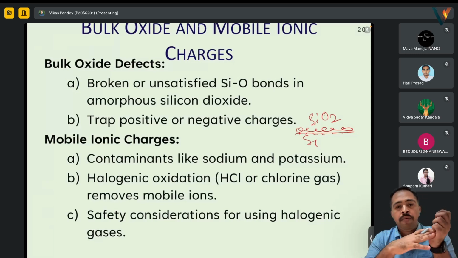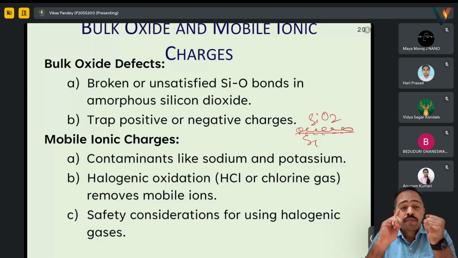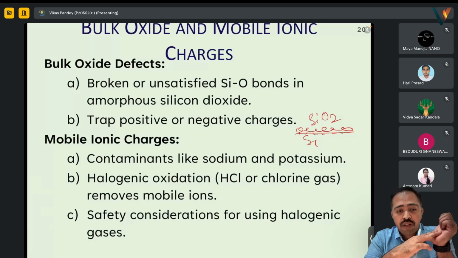Then some positive or negative charges, like I was saying, potassium, chlorine, any such ion can occur. In case of mobile ionic charge, halogenic oxidation, like HCl or chlorine gas, can be used to remove mobile ions.